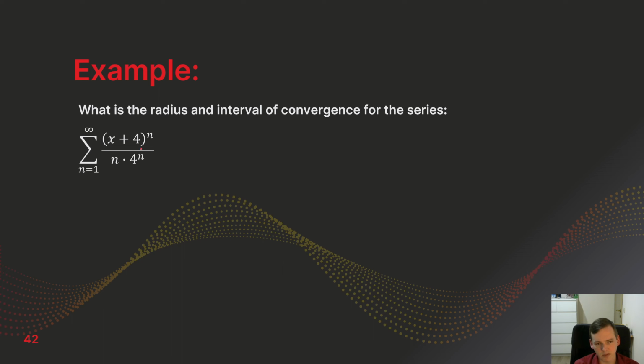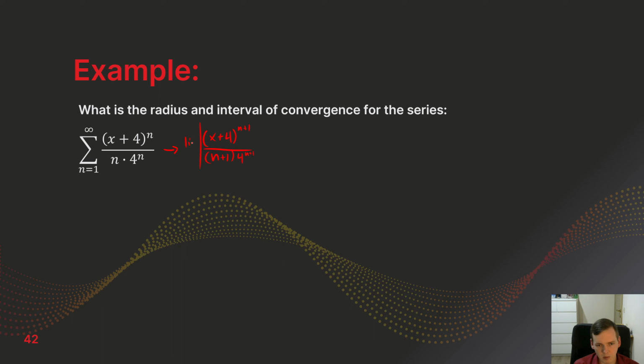When n goes to infinity, we don't know what's going to happen because x could be any number. So we have to use the ratio test here. So we're going to do (x plus 4) to the n plus 1 over (n plus 1) times 4 to the n plus 1.